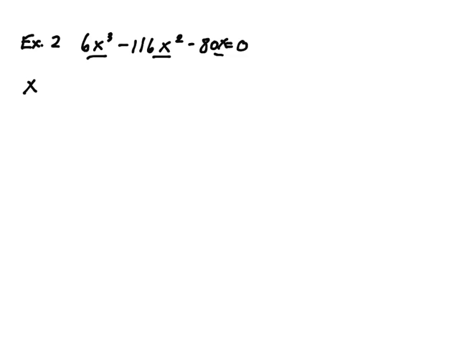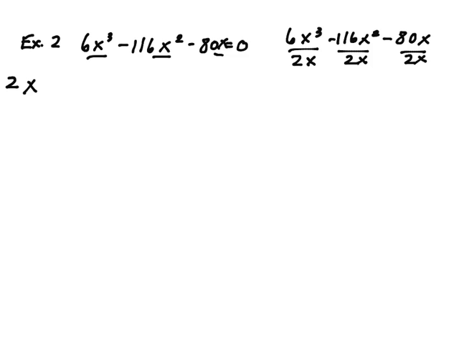6 is divisible by 2. 116 is divisible by 2. 80 is divisible by 2. I can factor out a 2x. So I have 6x cubed minus 116x squared minus 80x. So I'm going to divide everything by 2x.